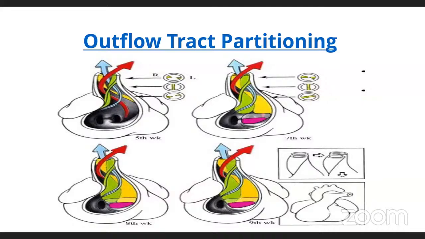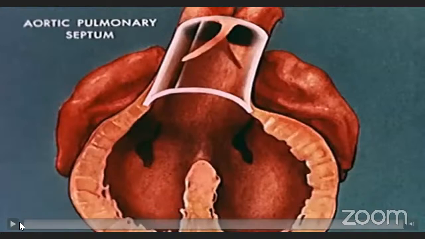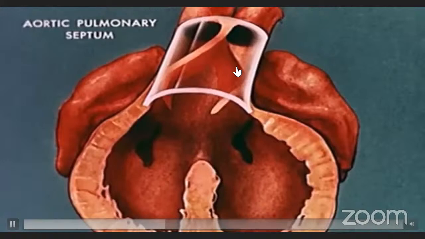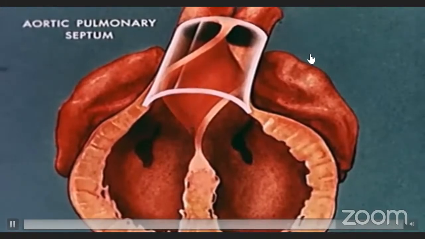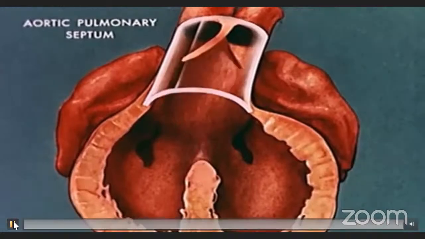Then the blood flows into the anterior portion of the bottom of the bulbus cordis, moves over the aorticopulmonary septum and under the top portion of the septum, and comes out from the pulmonary trunk. I think it's a little bit confusing, but this animation will make it clearer: how it forms and how the blood flows through the aorta and the pulmonary trunk. I'll replay it again.